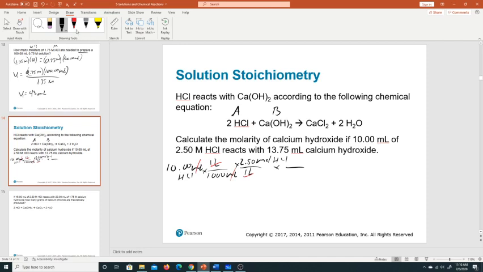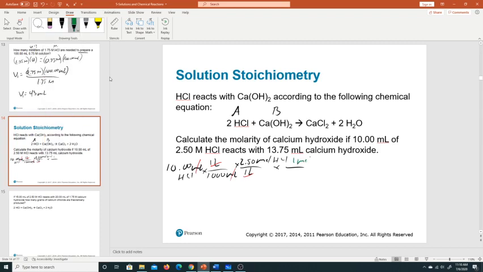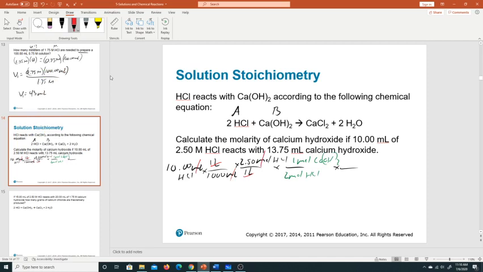It's always B over A. Look at the balanced chemical equation. For every 1 mole of calcium hydroxide requires 2 moles of HCl. That came from the balanced equation. It's always B over A. So now moles cancel out.